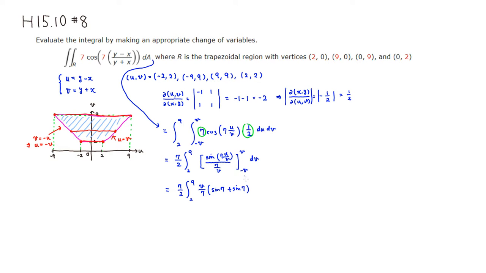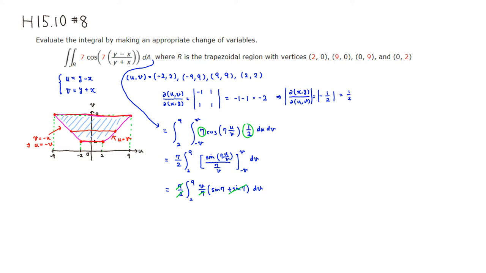So you have 2 of those guys, and you have 1/2 here, so the 2 cancels with the 1/2. Also there's a 7 on top and 7 on the bottom, which cancel out.